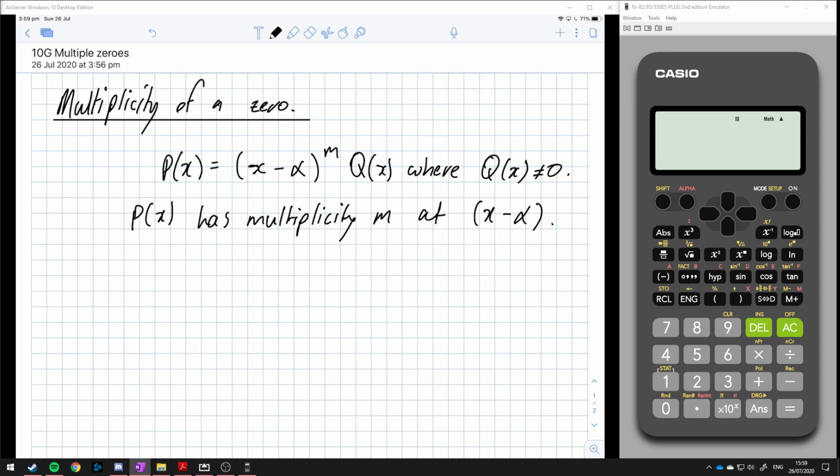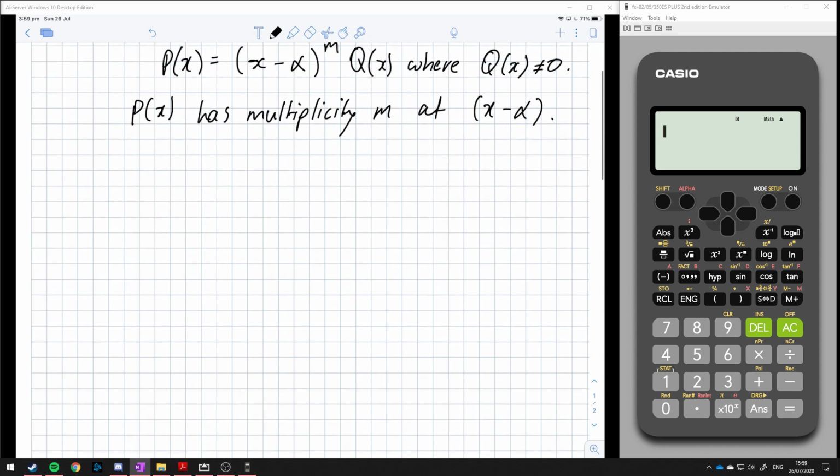Now, when we're trying to find the multiplicity of a zero, we can actually use the derivative as a sort of helping hand. Let's say x equal to alpha is a zero, and it has multiplicity m greater than or equal to 1.